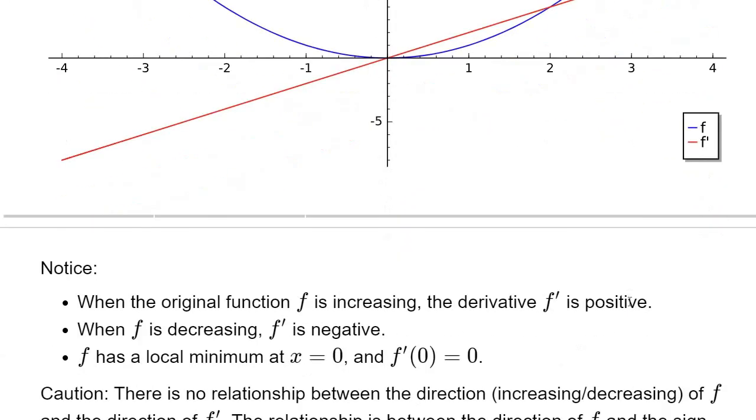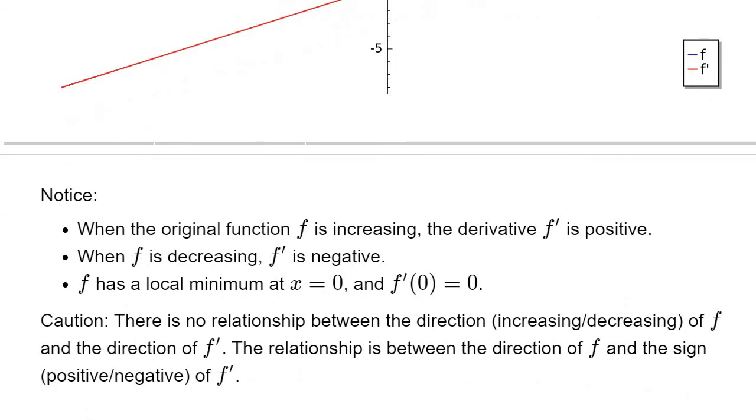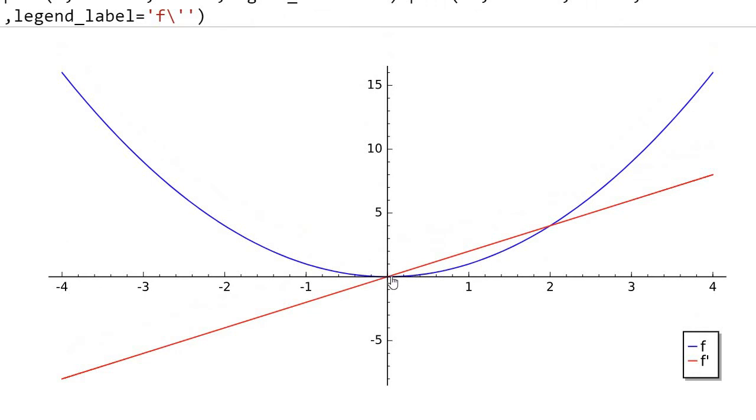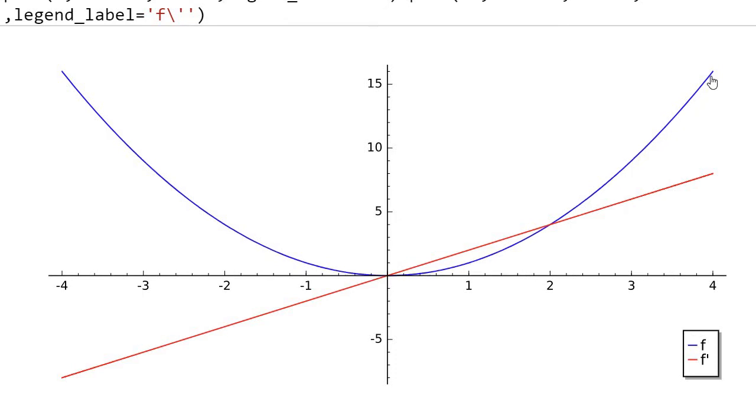And here's some of the things I want you to notice about that picture. When the original function is increasing, the derivative is positive. So here, starting at 0 and going off to infinity, the blue curve is going up. That's increasing. And that increasing portion of the blue curve corresponds to the red part being positive, above the x-axis. Over here, this function is decreasing.